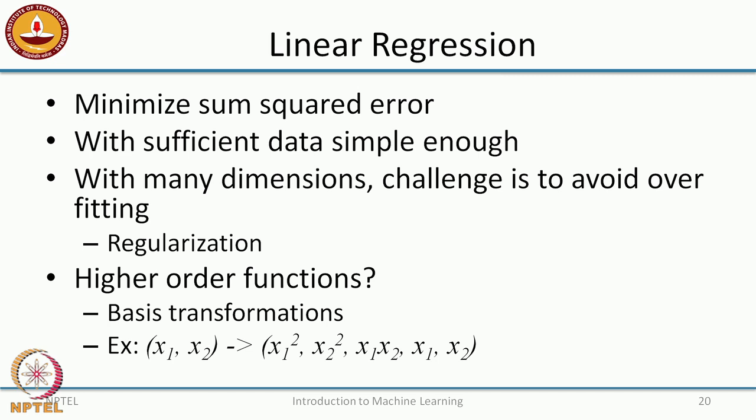But then if I just take these 2 dimensions and transform the input, instead of saying just x1 and x2, my input is going to look like x1 squared, x2 squared, x1 x2, and then x1 and x2 as it was in the beginning. So, instead of a 2-dimensional input, I am going to look at a 5-dimensional input, and now I am going to fit a linear plane in this 5-dimensional input.